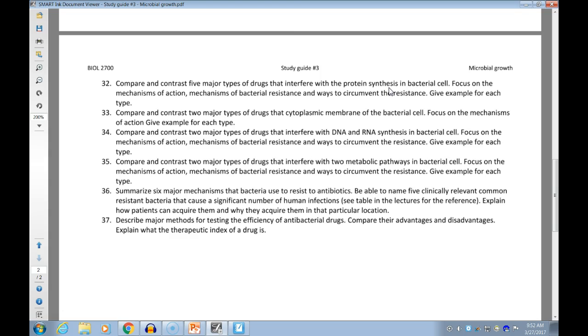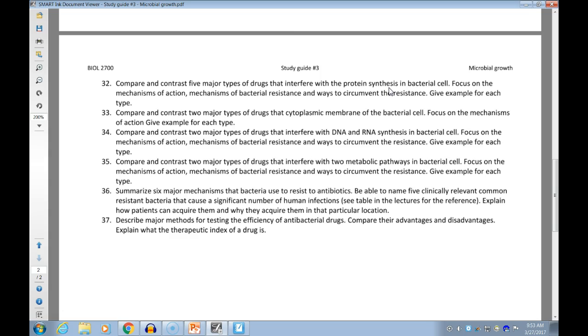The drug that inhibits RNA synthesis: rifamycin or rifampin. Rifamycin is the class of drugs. Rifampin is the name of the drug. Okay? They bind to which enzyme? If they inhibit synthesis of RNA, they bind to RNA polymerase. Very good. Okay? Understand that.